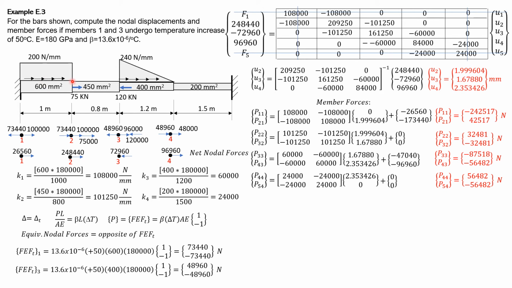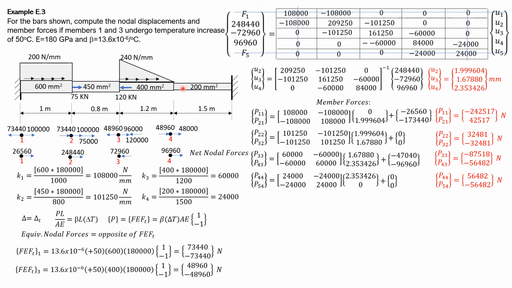Then on the other side also, it's 100,000 rightward at node 2 here. But because there is already 75,000 newtons rightward, we also put 75,000 newtons. So these are the nodal forces at node 1, node 2, node 3, node 4. For node 2, I already discussed that. So let's proceed to node 3.